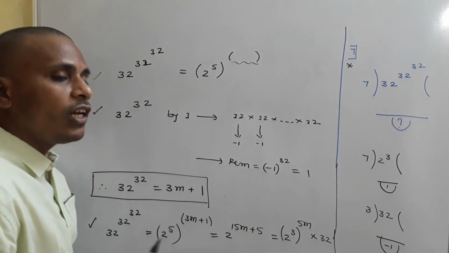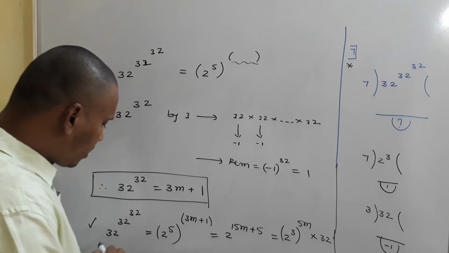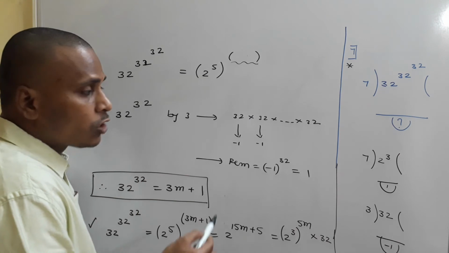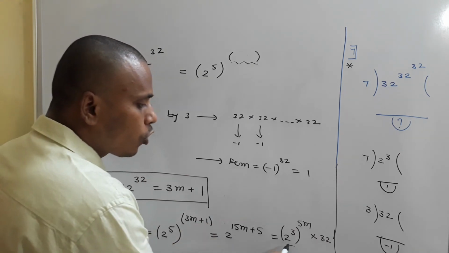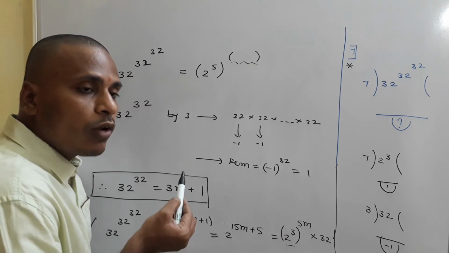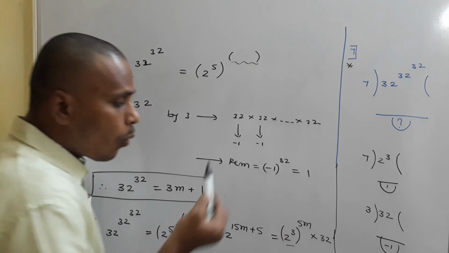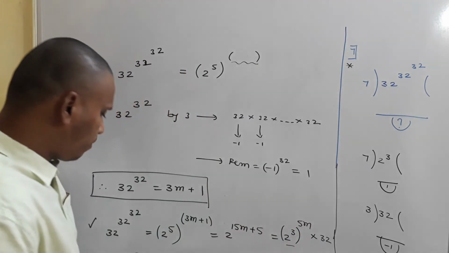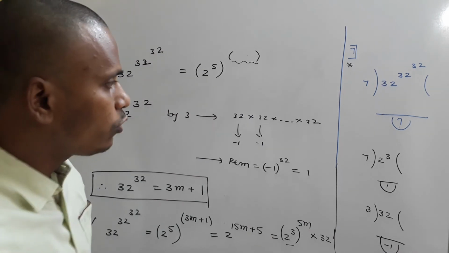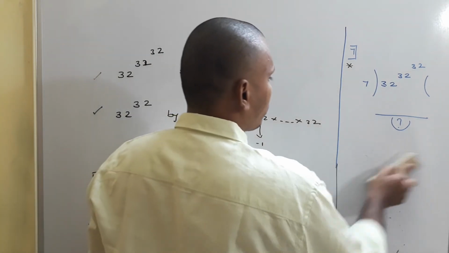So now we need to find out the remainder when this 32 power 32 power 32 is divided by 7. If you observe, this is 2 cube. When you divide this 2 cube with 7, you are left with 1 as remainder. When you divide this 32 with 7, what is the remainder? At the end, you just have a look. I am erasing this for the space concern.